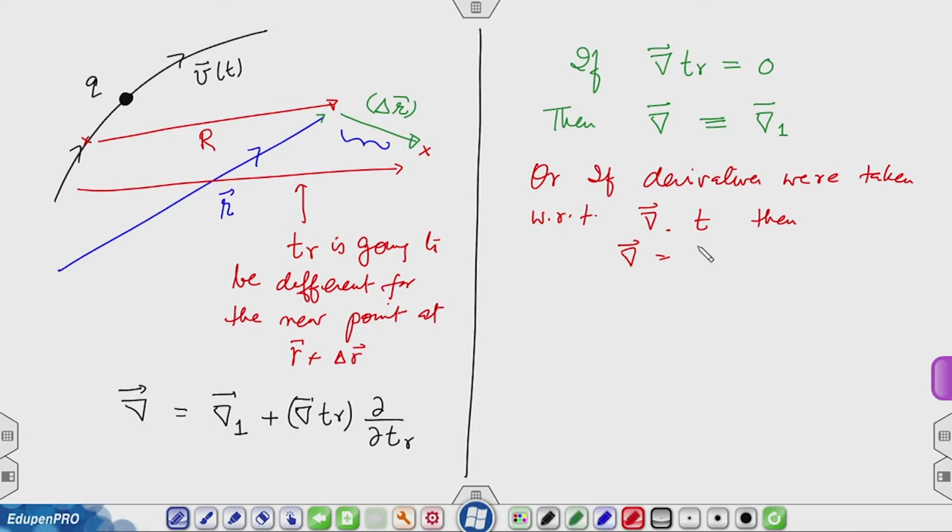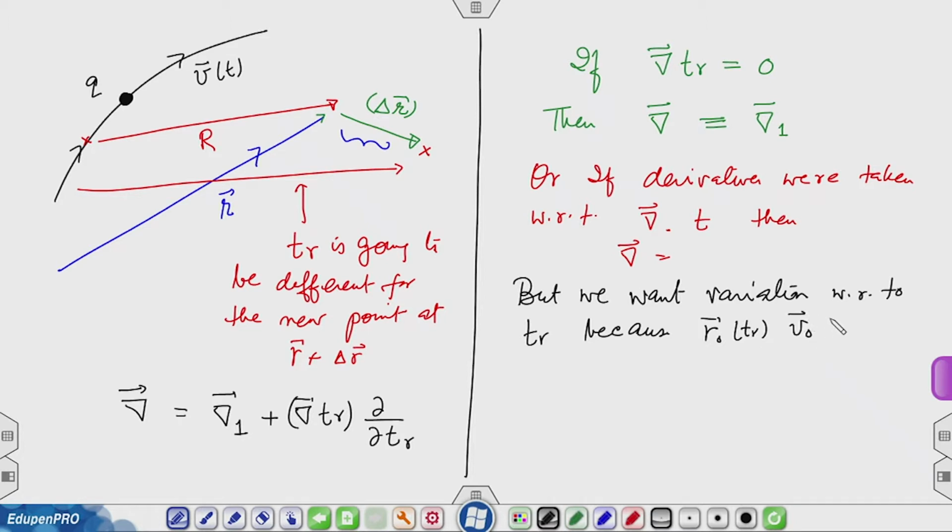But I want derivative with respect to r, and the two are related, but we want variation with respect to t_r, because again, as I said earlier, r_0(t_r), v_0(t_r), and a(t_r) are in terms of t_r.